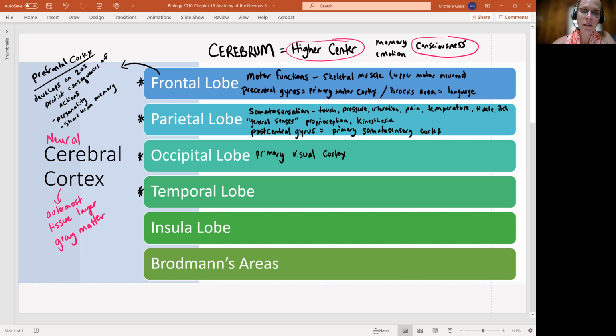And we can think about the temporal lobe as our primary auditory and olfactory cortex. We also see the temporal lobe is important in establishing long-term memory.